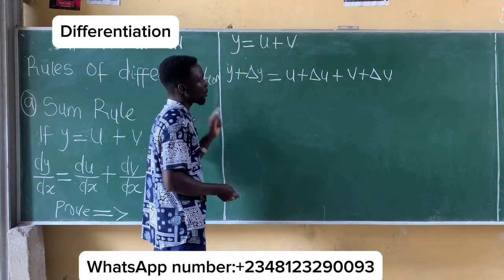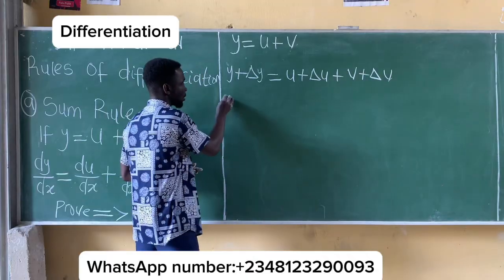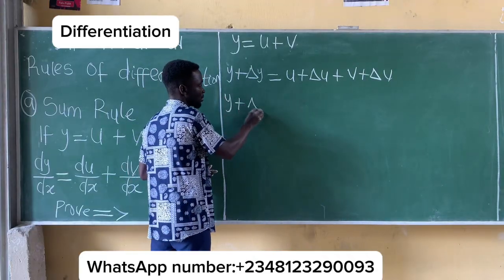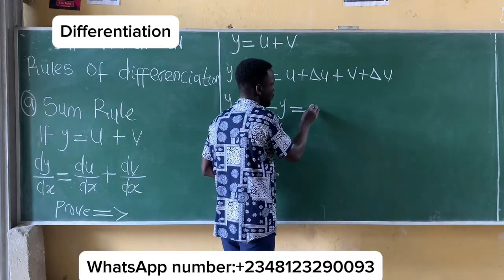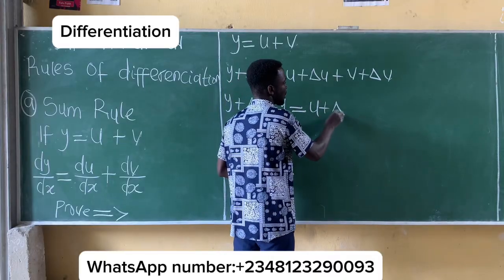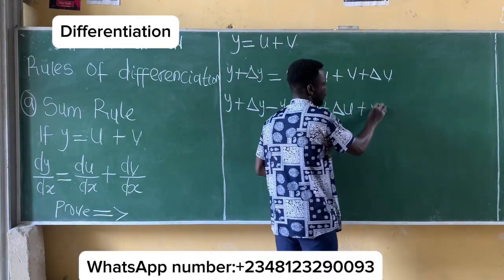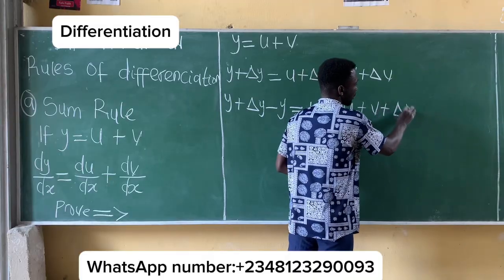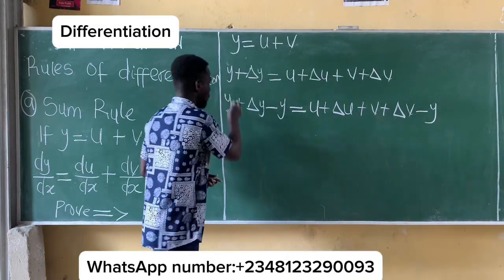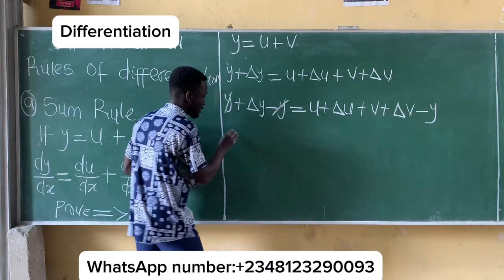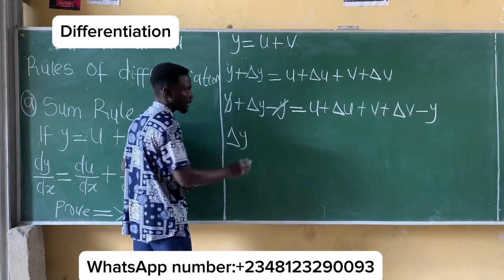Next step now is to subtract y from both sides. So this becomes y plus delta y minus y is equal to u plus delta u plus v plus delta v minus y. So y minus y will give us 0, and we are left with delta y here.